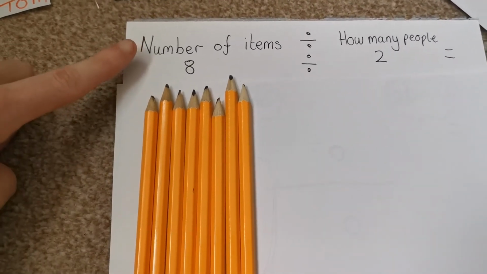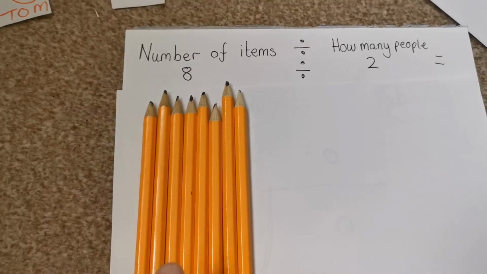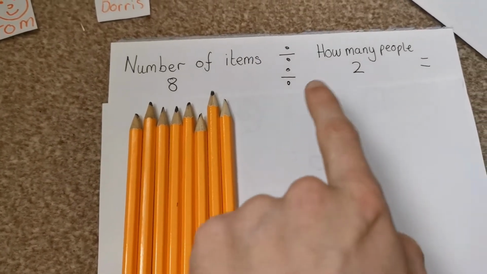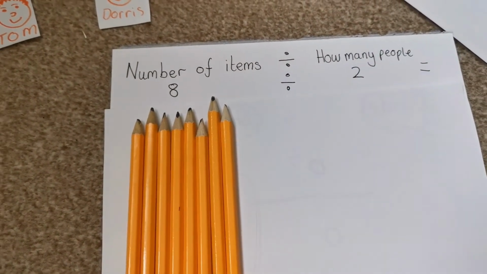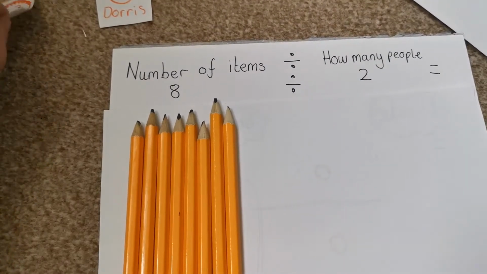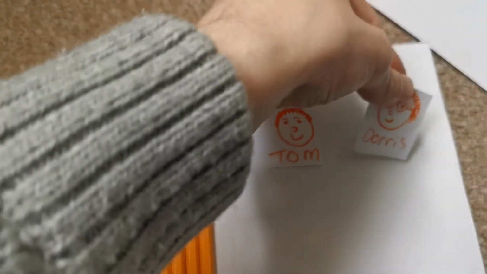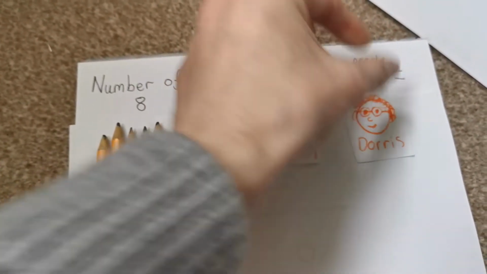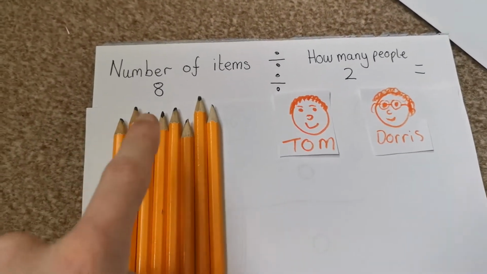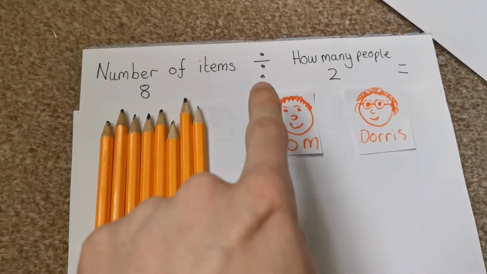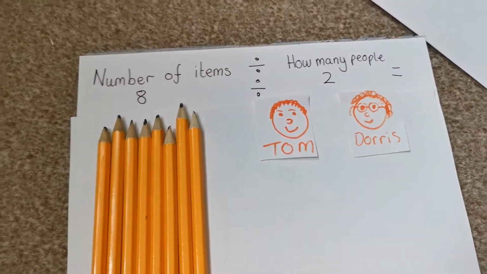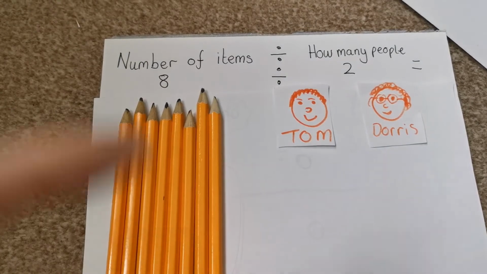So our number of items is 8. 8 pencils shared between 2 people. So I'm going to introduce you to my friend Tom, and I'm going to introduce you to my friend Doris. So it's going to be 8 pencils shared between 2 people. So let's work that out.